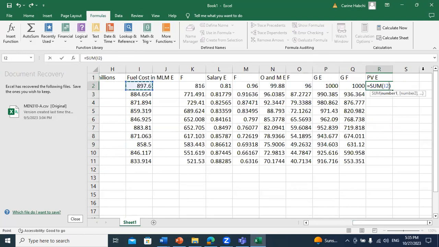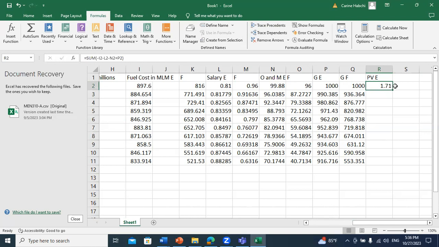We do minus because it's a cost. And for the salary also it's a cost, so minus the economic salary, minus the operation and maintenance economic cost, and plus the gain. So we can obtain the value of the present value for economic analysis.